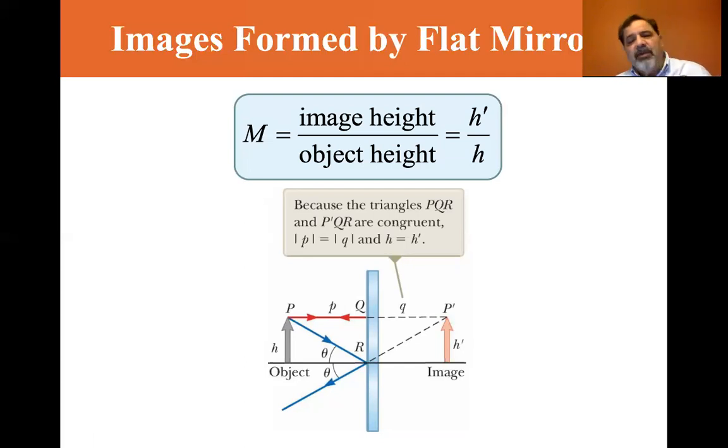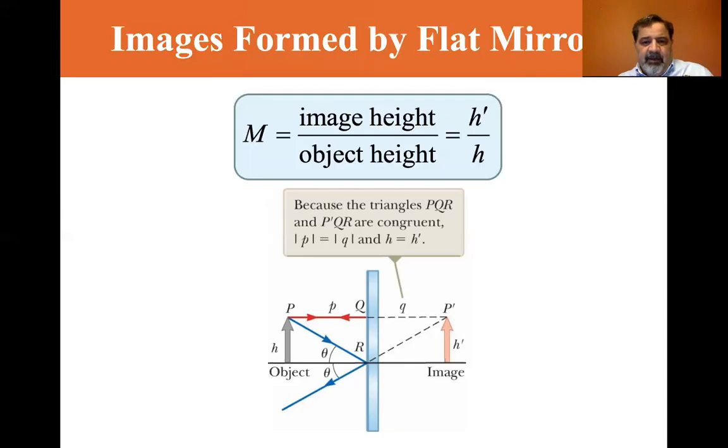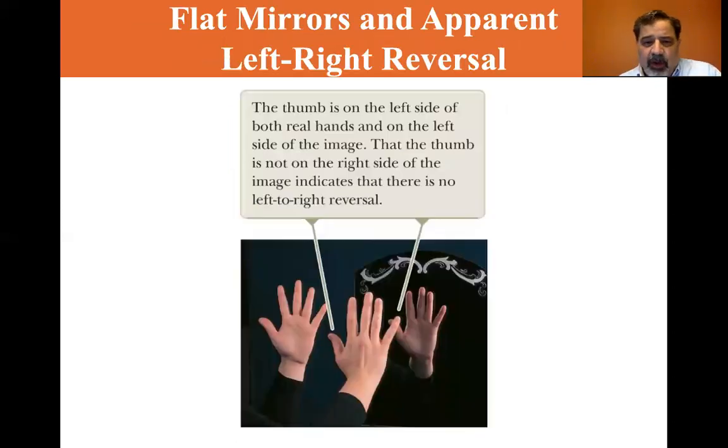When you have a flat mirror, the magnification is 1. The image height equals the object height, so H prime equals H, so H prime over H is 1. And we'll learn about magnification when it comes to lenses and mirrors. The magnification in that case will not be 1.